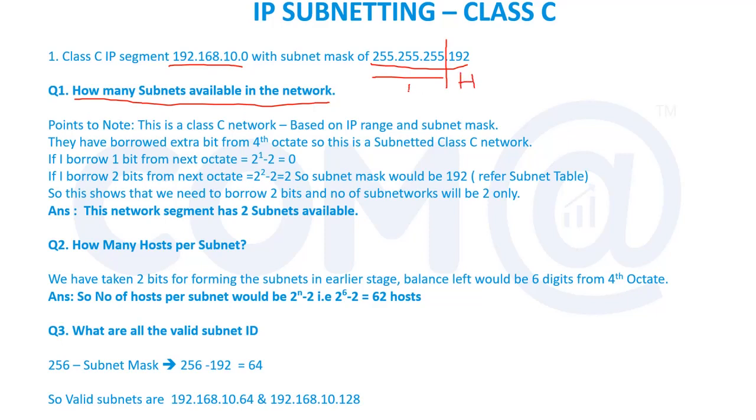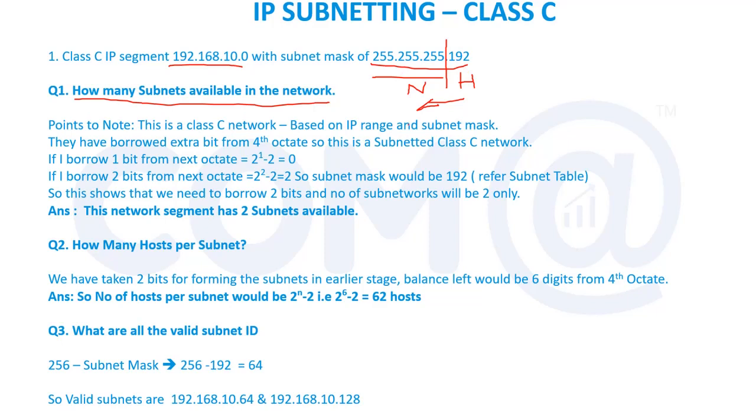You remember, right? In class C, 3 portions are the network portion, and 1 portion is the host portion. If any borrowing is required, if I want to expand my network, I have 24 bits dedicated for network and 8 bits dedicated for host. So I can borrow from the host portion to the network portion one by one.